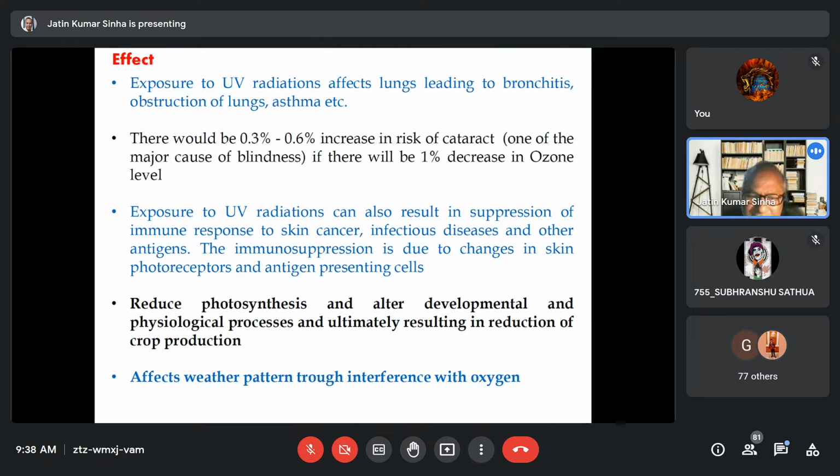It also affects the weather pattern through interference with oxygen. These are the effects we may get due to the depletion of the ozone layer. It is happening in other parts of Earth too. Sometimes we may notice, sometimes we may not, particularly with the weather pattern.